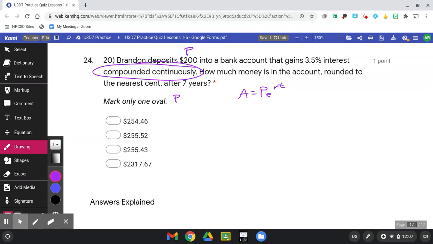Okay, so here my P is going to be equal to 200. My r is equal to 3.5%, which equals 0.035 in decimal form. And then my t is going to be equal to 7 for 7 years. So 200 times e raised to the 0.035 times 7.